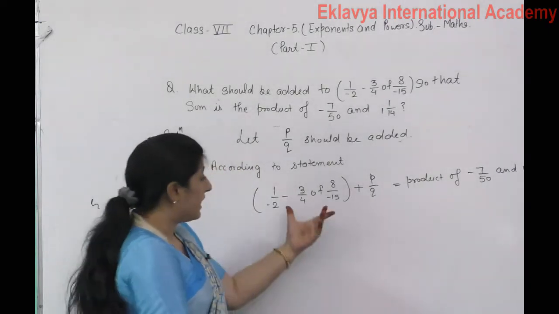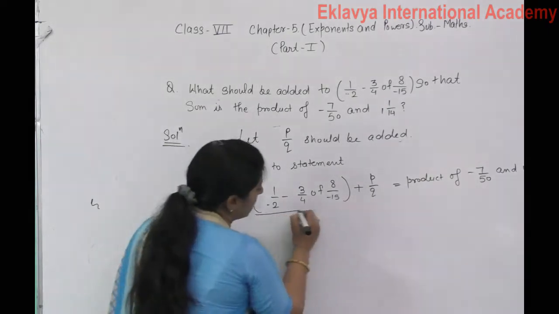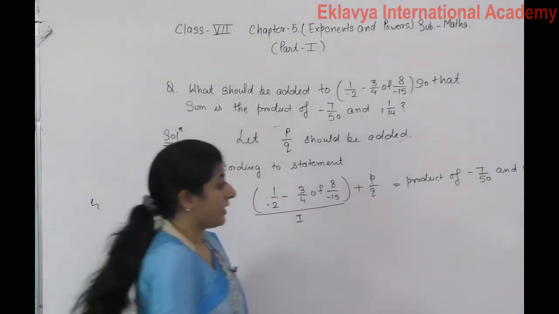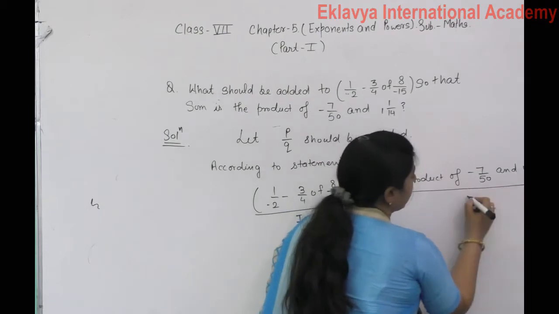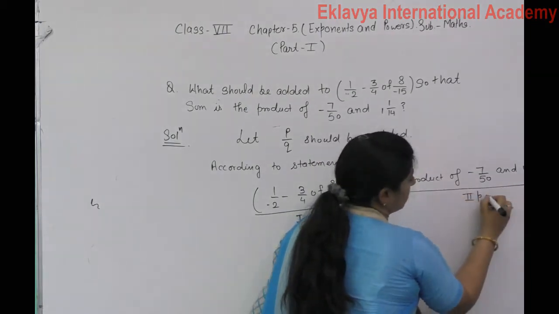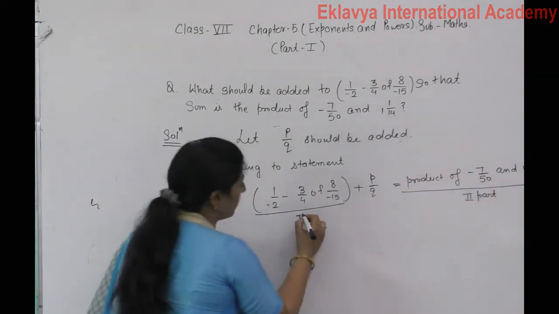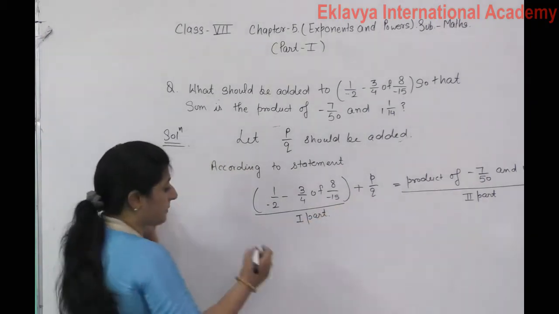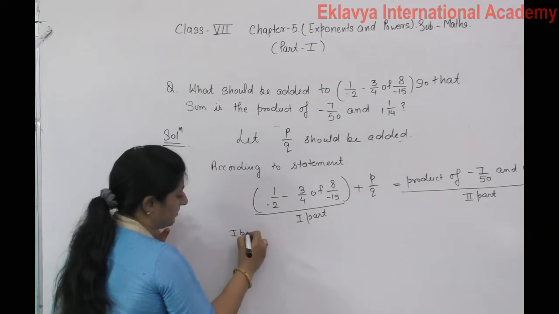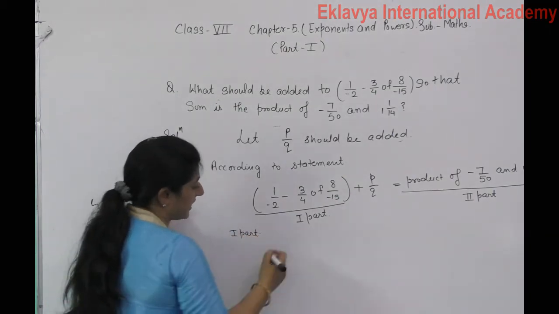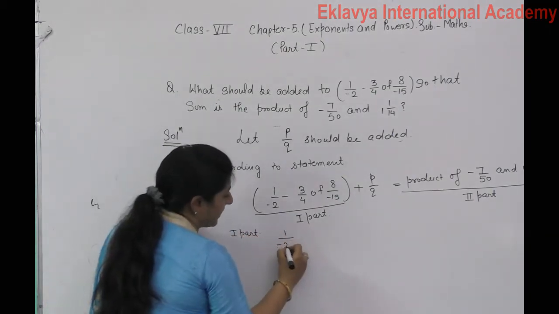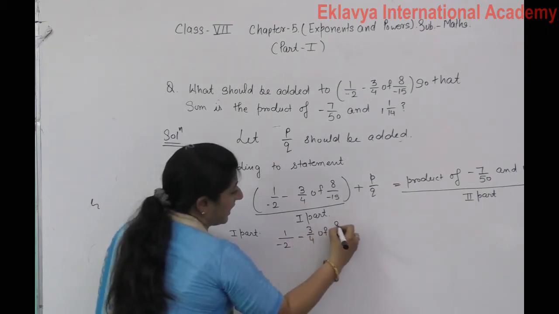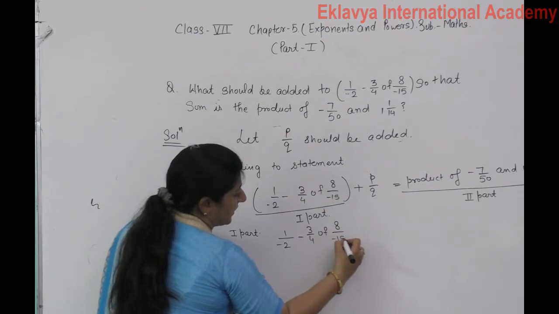How to solve? Firstly solve this one. Suppose I take this as the first part and this as the second part, then we put the values in this and solve. In the first part there is 1 upon minus 2 minus 3 by 4 of 8 upon minus 15.